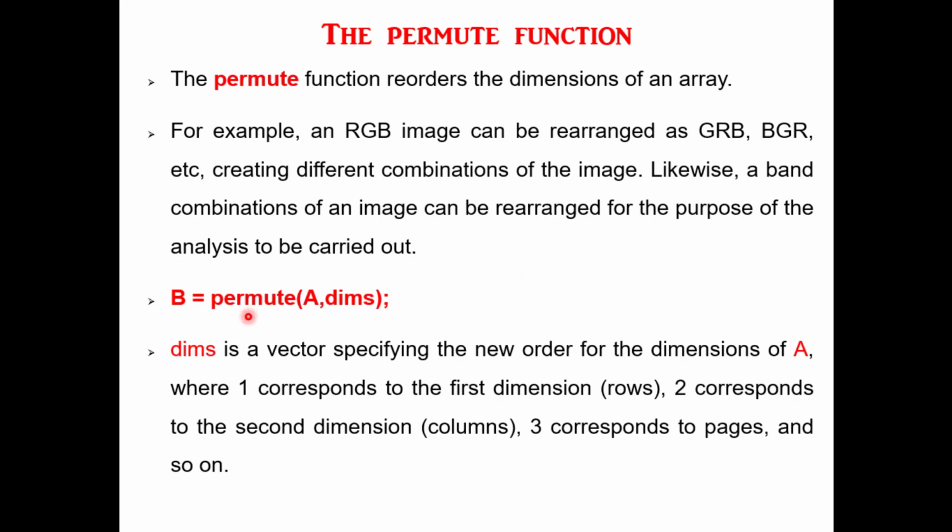To use the permute function, simply call the permute function, define the array to be permuted, and specify the new dimension. Dimension is a vector specifying the new order for the dimensions of A, where 1 corresponds to the first dimension, which is the row, 2 corresponds to the second dimension, the columns, 3 corresponds to pages, and so on.